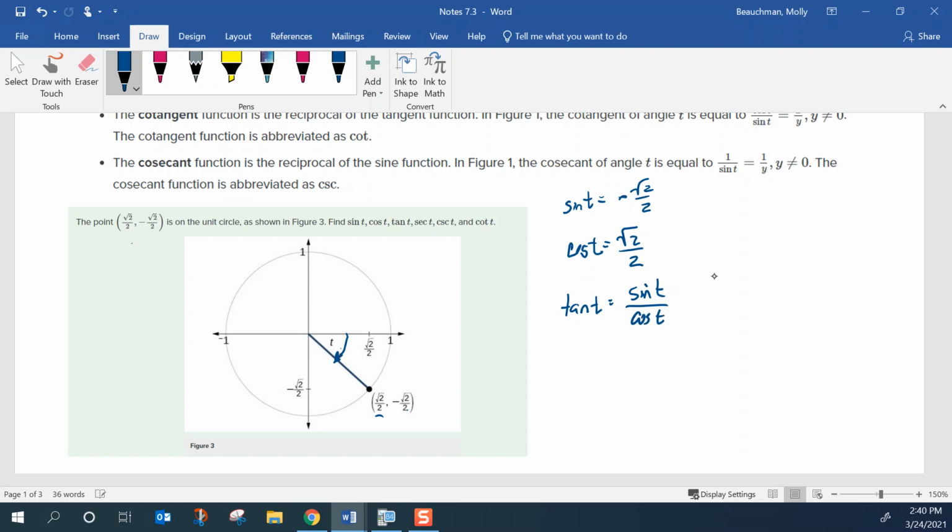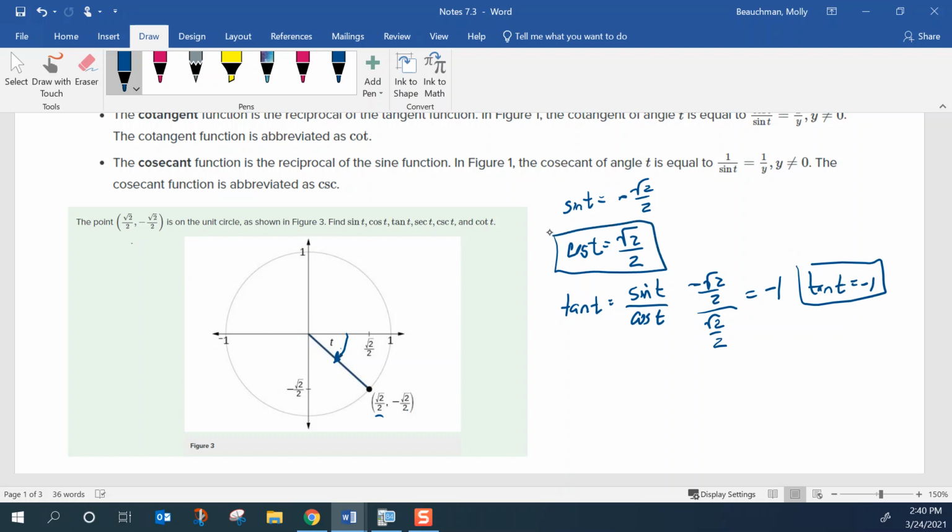So I take the sine, negative square root of 2 over 2, divided by the cosine, square root of 2 over 2. Anything over itself is 1. We have negative divided by a positive. So the tangent of angle T is equal to negative 1.